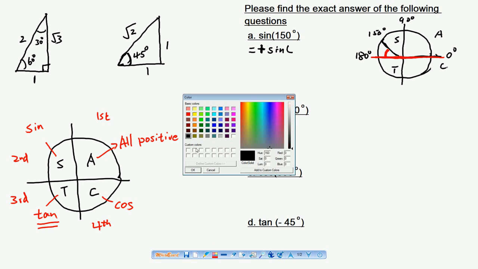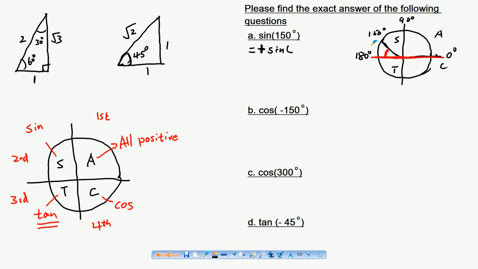This angle is 30 degrees, so we just put 180 minus 150. Sorry, let me explain: the difference between our angle and the horizontal line is 30 degrees, because 180 is here and 150 is here, so in between is 30 degrees, and we put 30 degrees here.